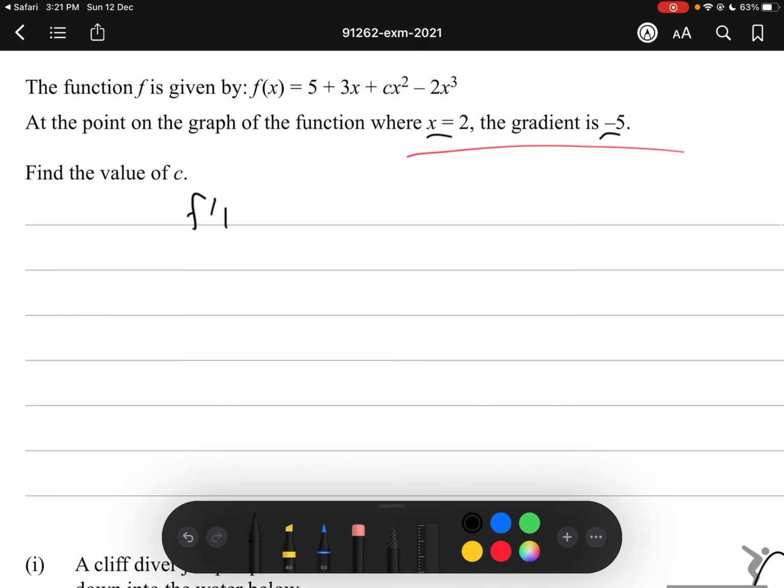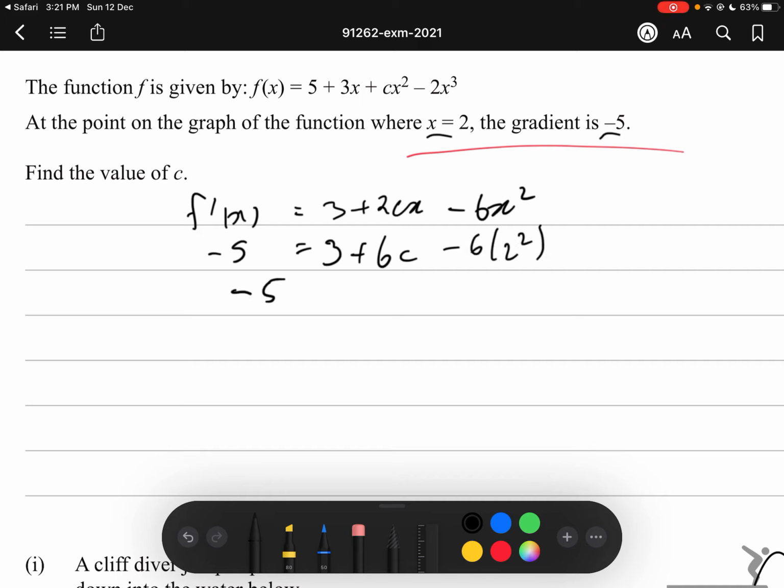So f dash of x is equal to 3 plus 2cx minus 6x squared. And we know that f dash of x is -5 when x equals 2. We're just going to substitute that in. Minus 6 times 2 squared, so -5 equals 3 plus 6c minus 24, since 2 squared is 4.